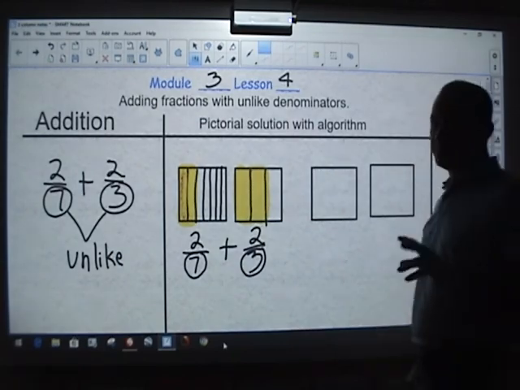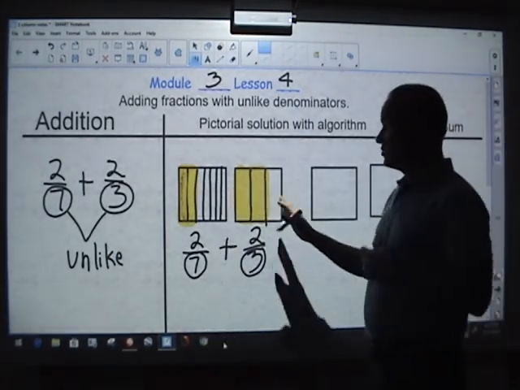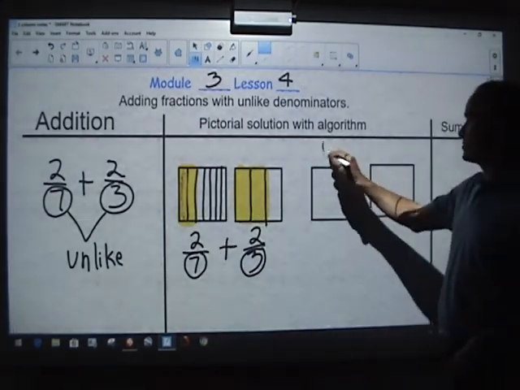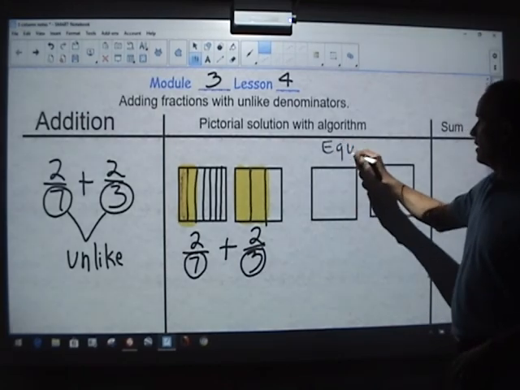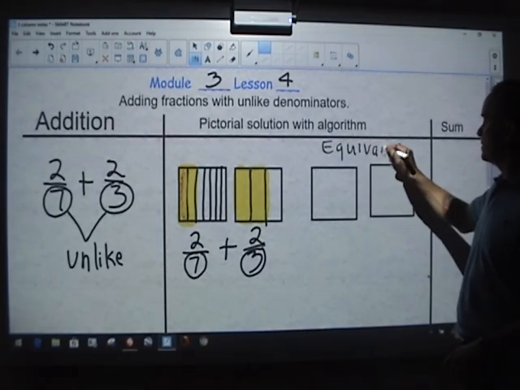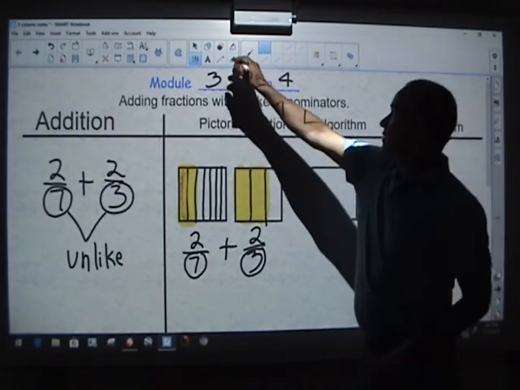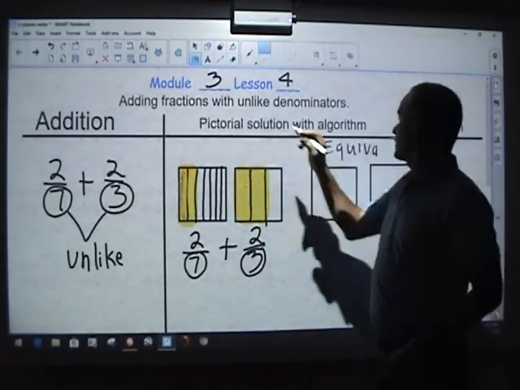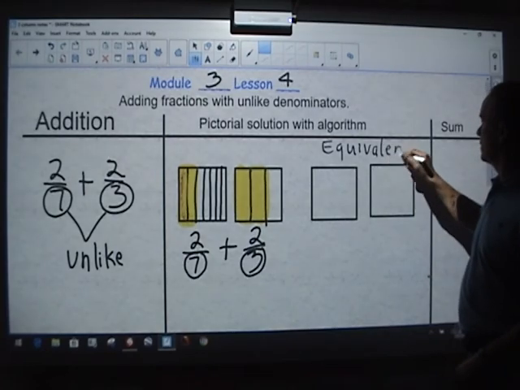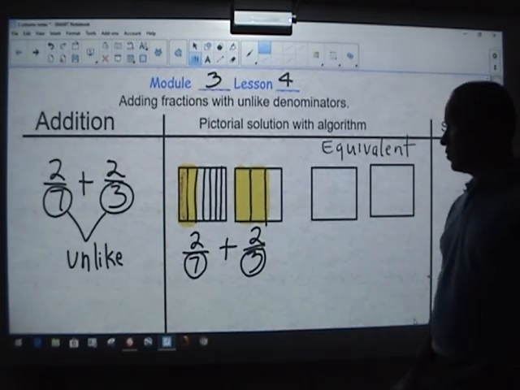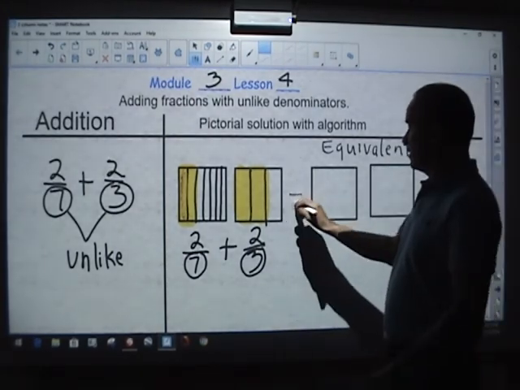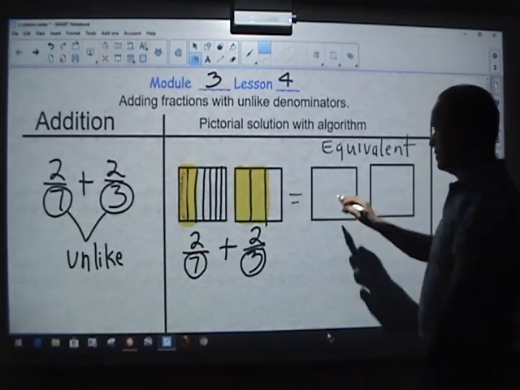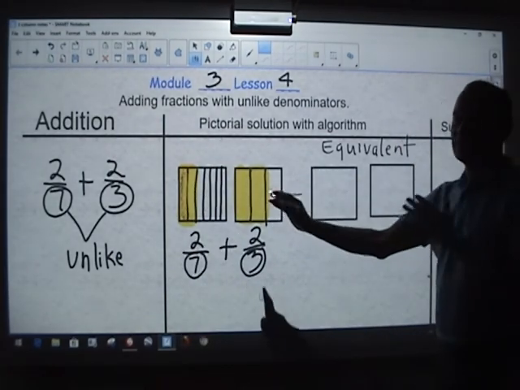Now our next step is to turn those into equivalent fractions. Let me write that word right here. Equivalent fractions. So all we do is copy that in here, but we're not going to write what the fraction is.